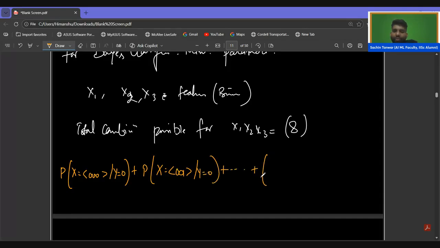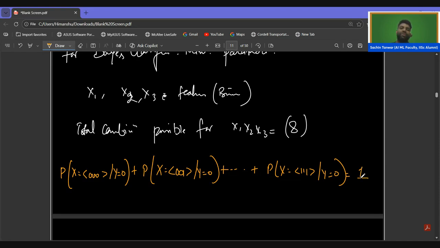Last, what we will be getting, probability of x equals 1, 1, 1 given y equals 0. I know this would be 1.